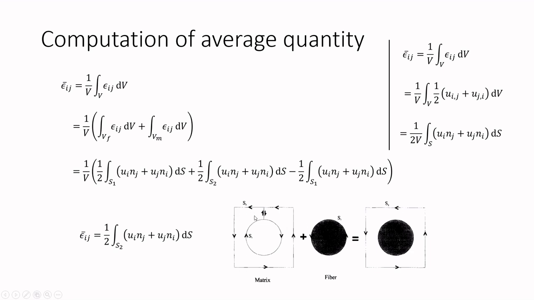For the matrix, I can write for S2 as this closed curve, and the negative of this one for the S1 curve as this one. When these are combined together, if they are perfectly bonded, this S1 integral and this S1 integral will cancel out, because u will be the same. Ui, meaning u, v, w, all three components will be the same at this boundary. For that purpose we can compute E ij by simply computing the ui and uj at the outer surface of the RVE considered.